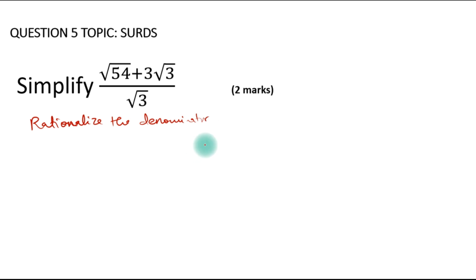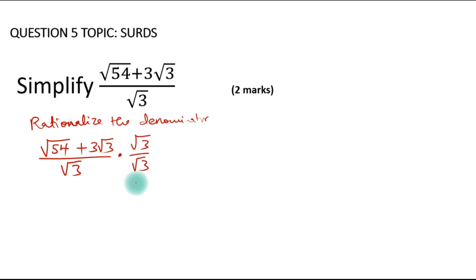For us to rationalize the denominator, we need to multiply the numerator and the denominator by root 3 over root 3. That is square root of 54 plus 3 root 3 all over root 3. So we multiply through by root 3 over root 3. It's as if you have not changed anything, you're just multiplying by 1.